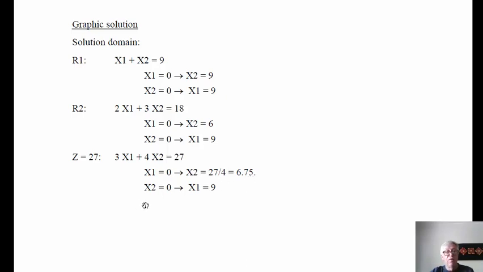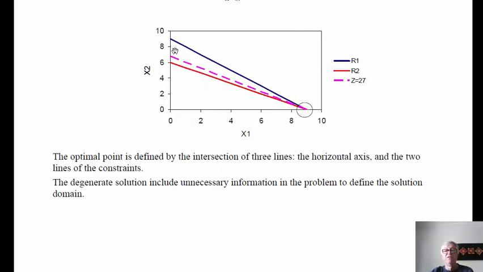If we consider x2 equal to 0, we see that this line will cross the axis at x1 equal to 9. Graphically, this is the result. Here in blue we have the line related to the first restriction, in red the line related to the second restriction, and in pink the isoline of z equal to 27.